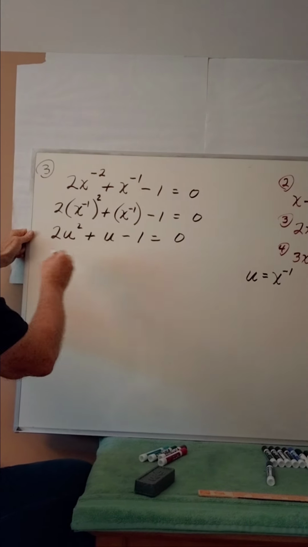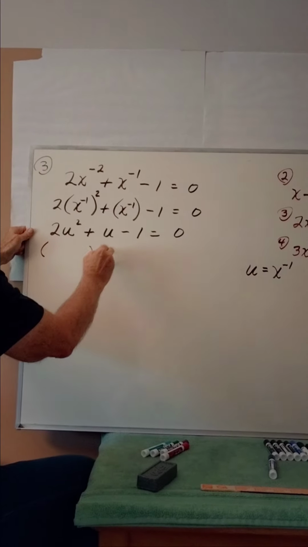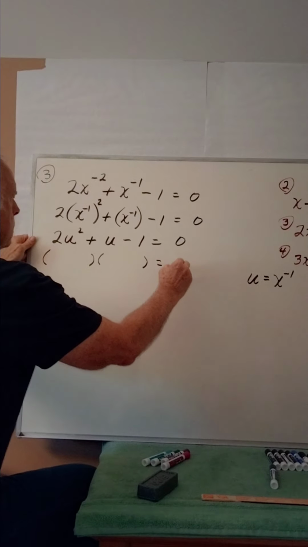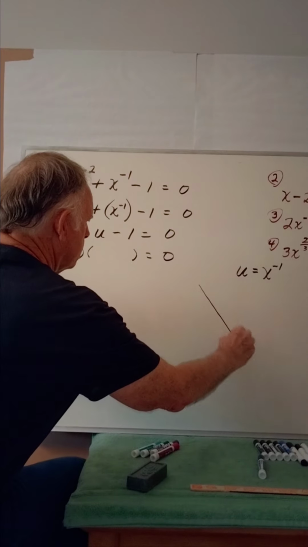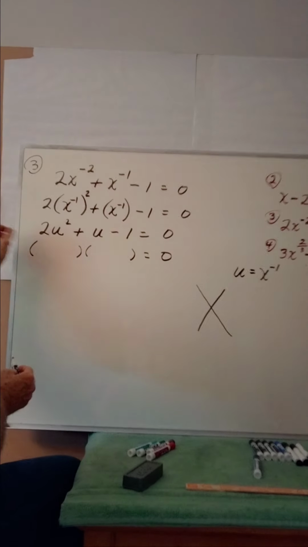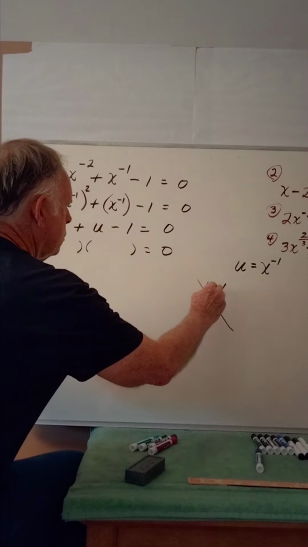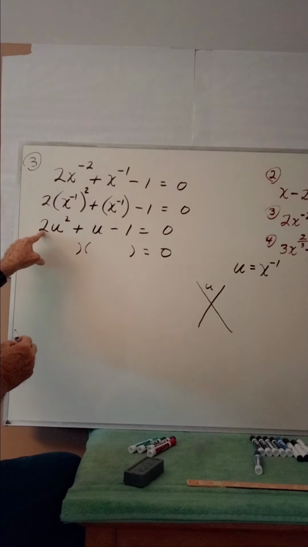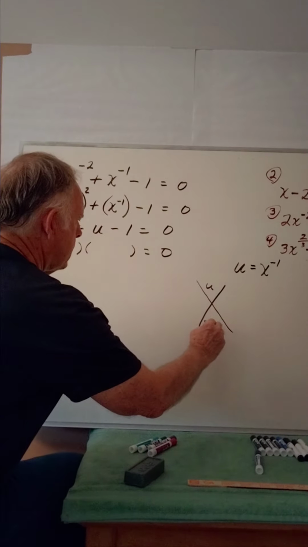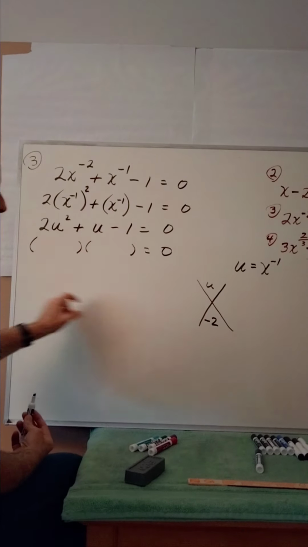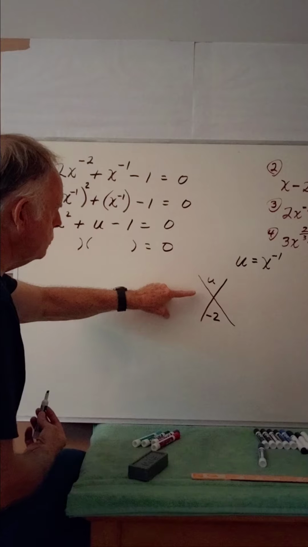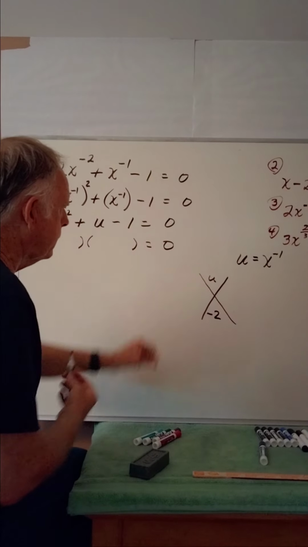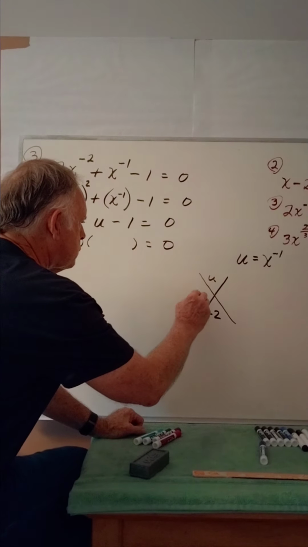There is no GCF. It's got to have a couple of binomial factors. I'll just kind of show this a little bit. The middle term is u. A times c is negative 2. If AC is negative, then that means the 9 o'clock and the 3 o'clock areas have to have different signs.